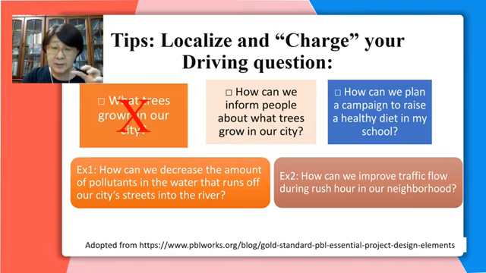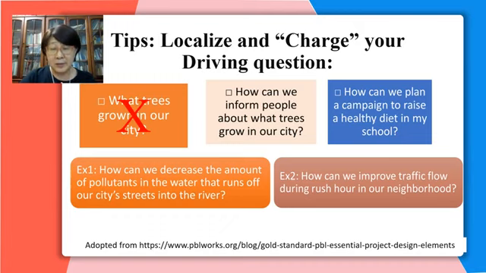Maybe this is also not an ideal driving question. However, we did see that it presents the problem more specifically: decrease the amount of pollutants in the water. So this is one of the driving questions you can think about.